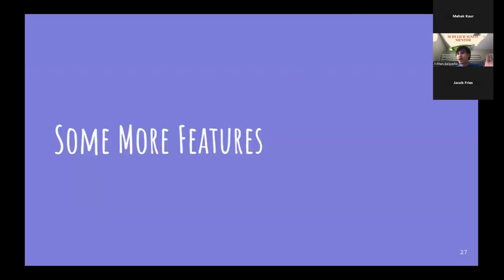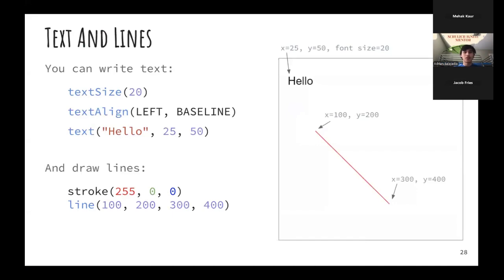But we could draw stuff, that's fine. But what about text and some other features? Trinket also supports text, and you can draw lines in this case.